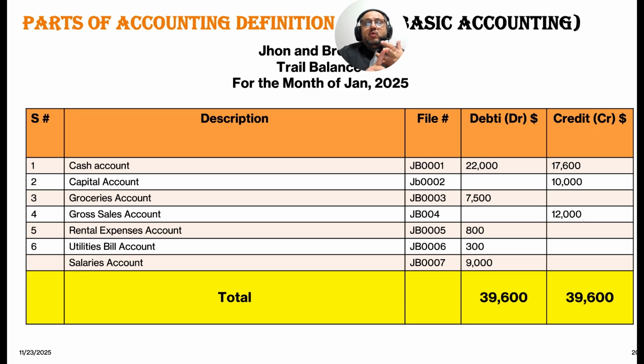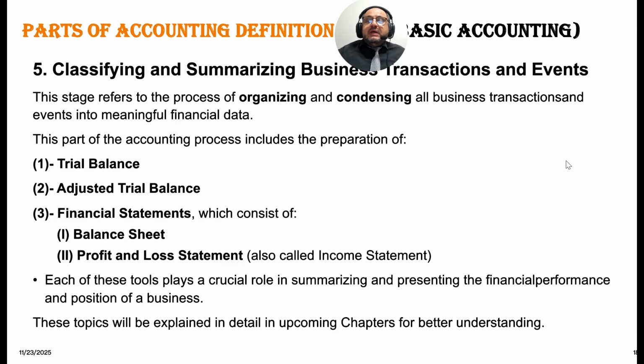In the third stage, we separated or classified all accounts in the shape of ledgers: cash account, capital account, groceries account, gross sales account, rental expenses, utility accounts, salary accounts. I separated them all, and at the end the cash ledger was prepared. The total of the cash ledger which is debited, I wrote here, and the total of the cash credit is written here. Let me show you how I did it.